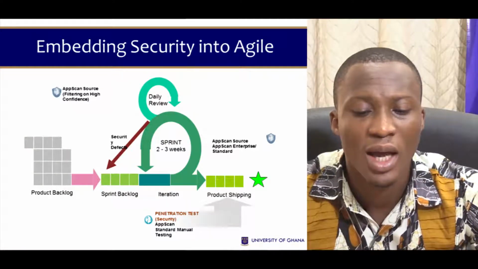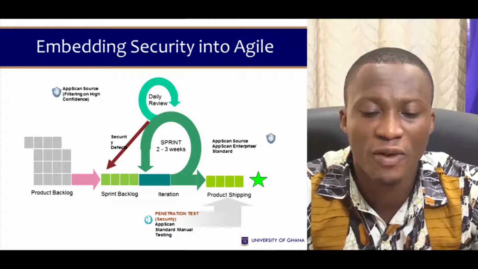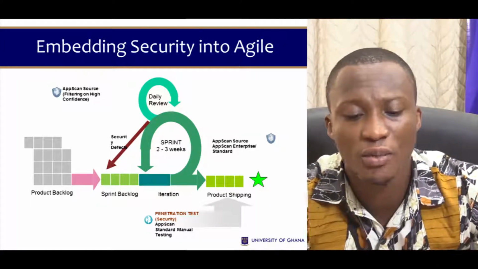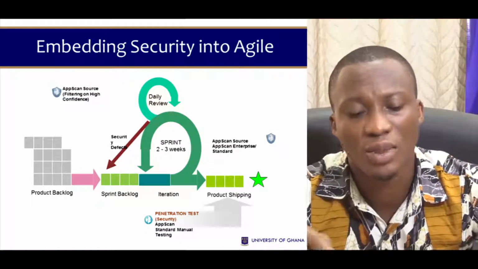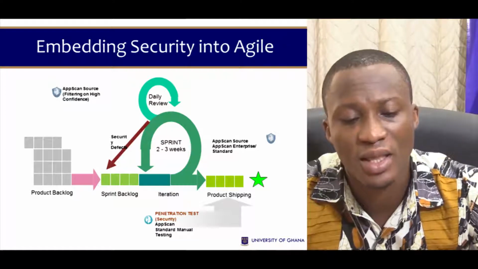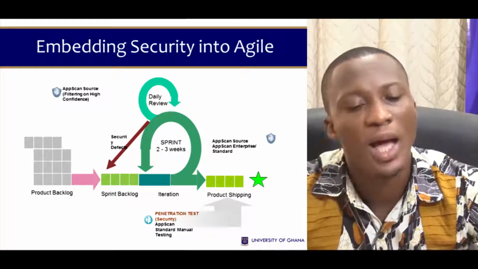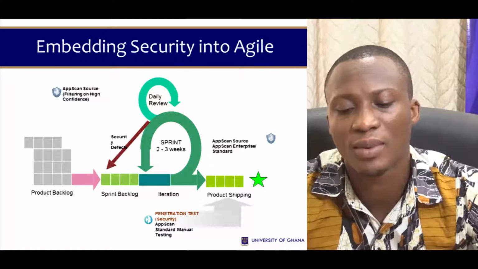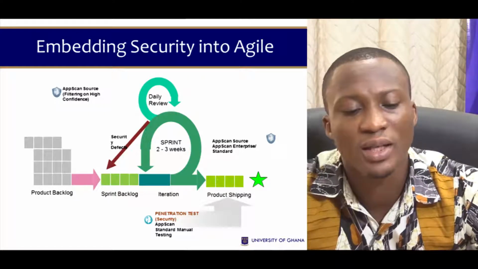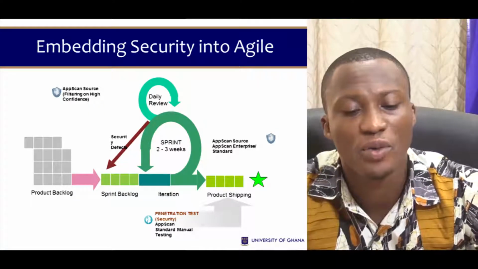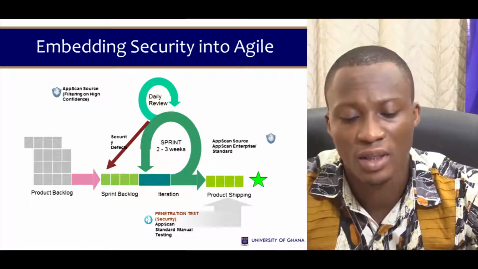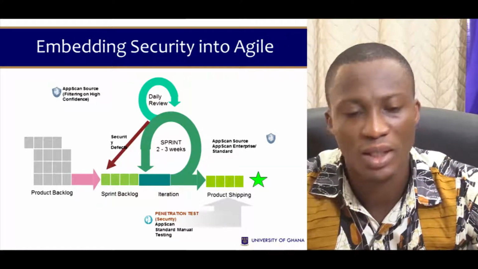Now, during the iteration phase, especially for the daily review, we can see some security defects in there. Here also, AppScan Source and AppScan Enterprise can be used in filtering high confidence in these applications.